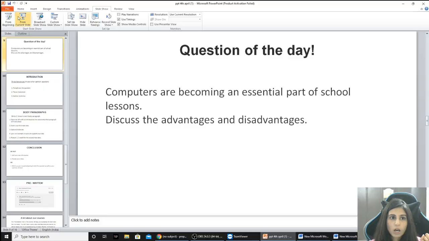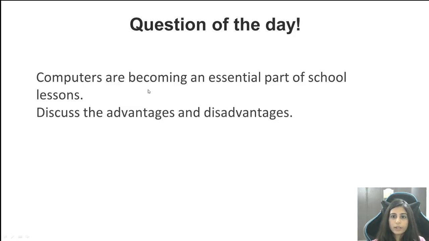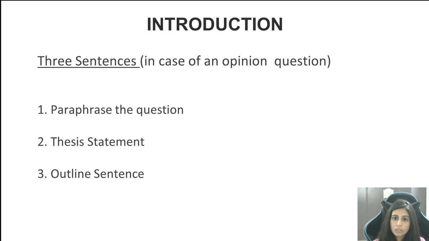So this was our question, and we have discussed it so far. Revision. To maintain coherence, you have to write in paragraphs. The first paragraph that we have is introduction. It has 3 sentences: paraphrasing the question, thesis statement, and the outline sentence. The students who have just joined us, I would recommend watching the previous session so that they know more about these things.